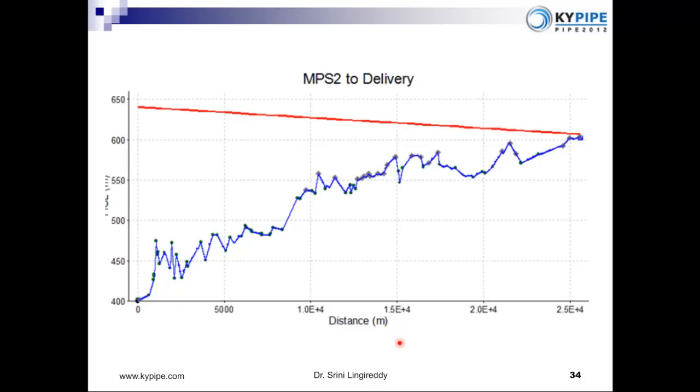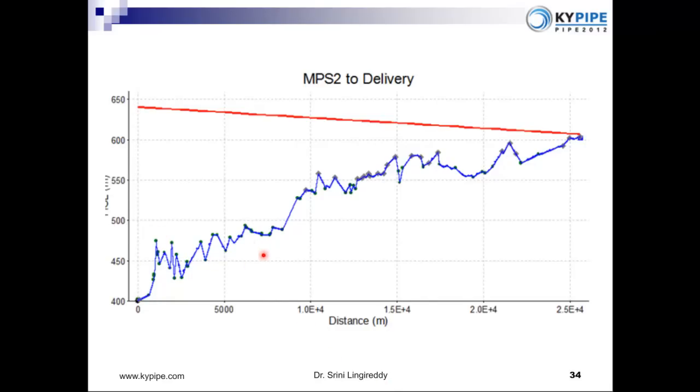I'm going to present an example here to demonstrate what I do to validate my assumption. Here's a pipeline about 25 or 26 kilometers long, 700 millimeter diameter, about 3 feet diameter. And this is the hydraulic grade. So we're lifting water by about 250 meters here.